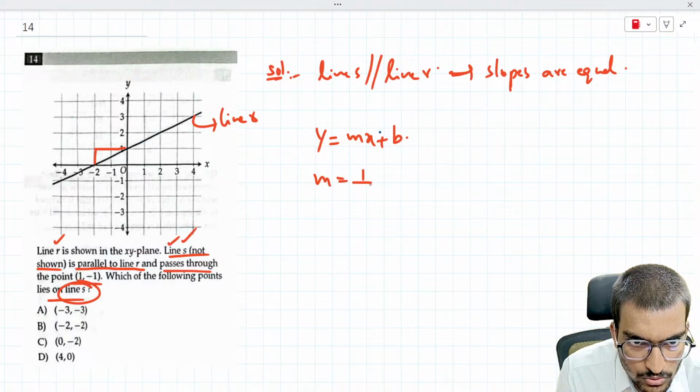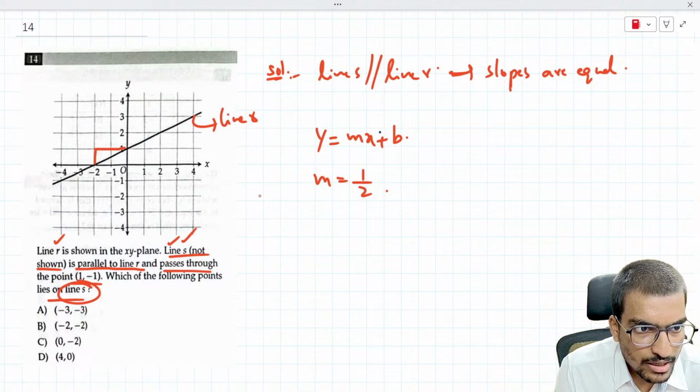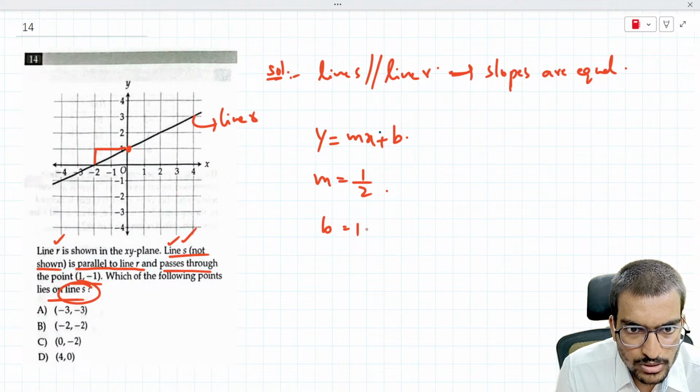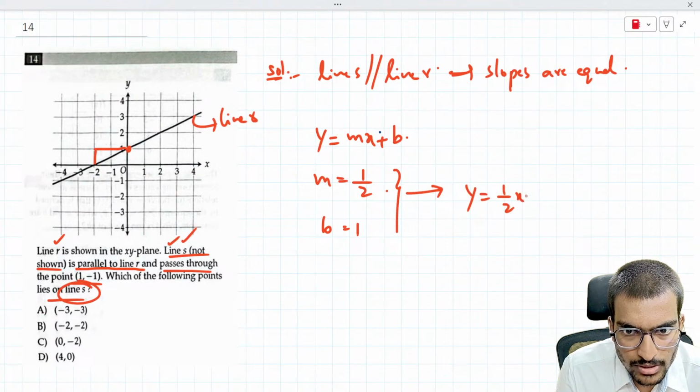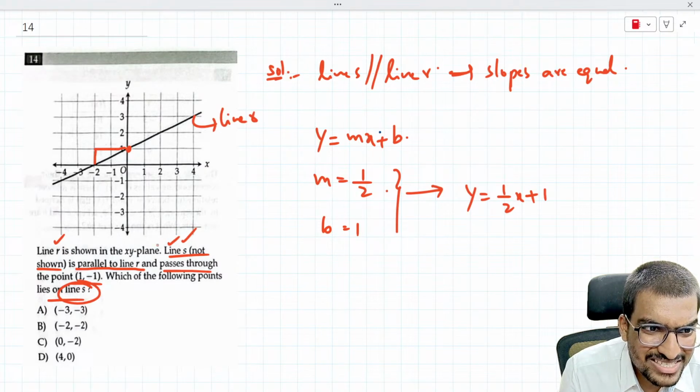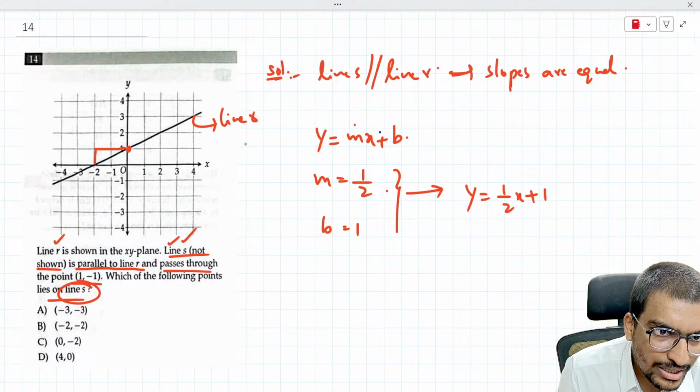M equals 1 by 2, and the y-intercept is positive 1. B equals 1. Then we can form the equation using this: y equals 1 by 2x plus 1. So which equation is this? You used the slope and the y-intercept of line R.